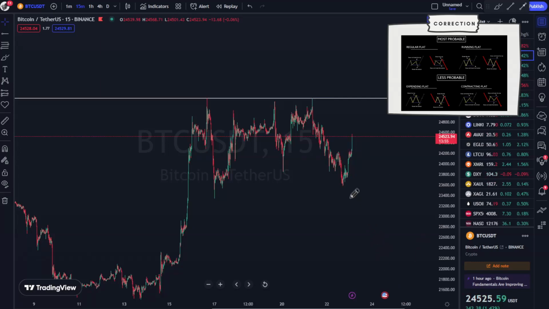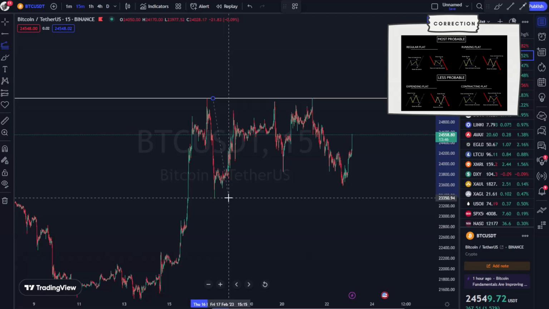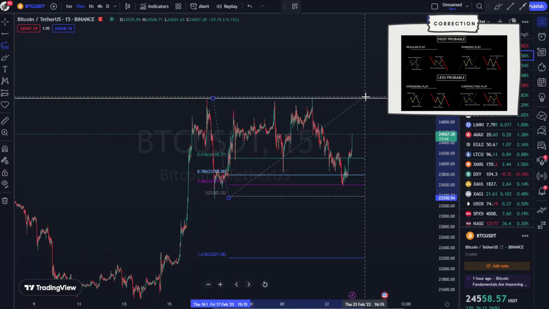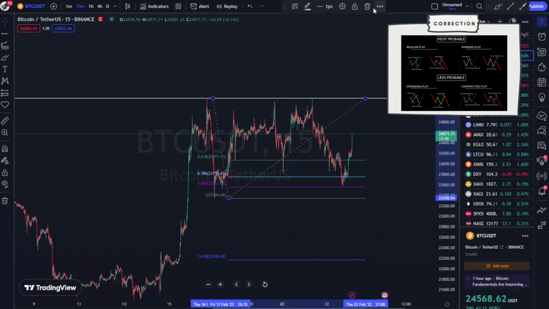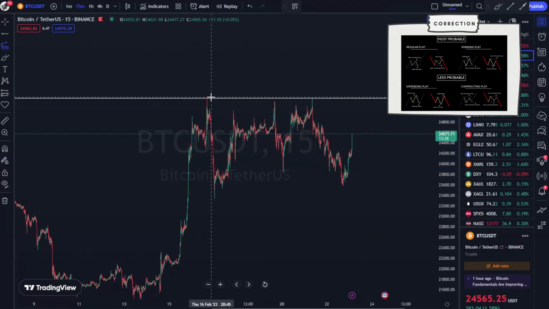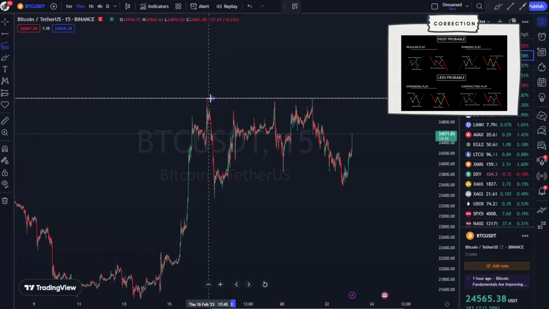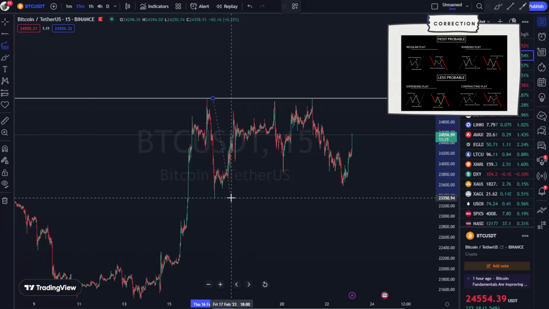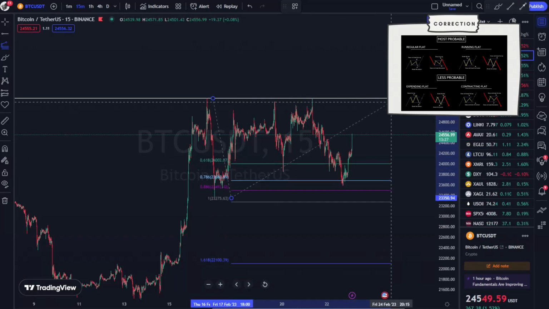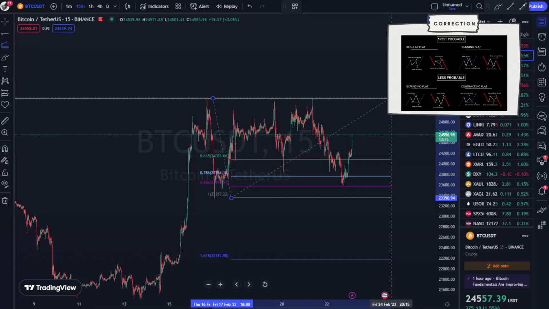That's the only thing I want to say. Some people take it right there, so I'll tell you what some people do, and sometimes it works, but it really is risky. But that's how you get the most out of a running flat. I'll just do it so you guys see it: you put a trend-based fib extension on the top of your impulse, down to the bottom of your retracement, which is the A move, and then you come back up to the top of your B wave.